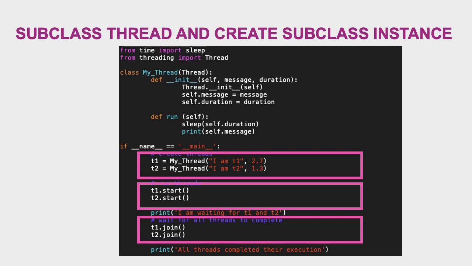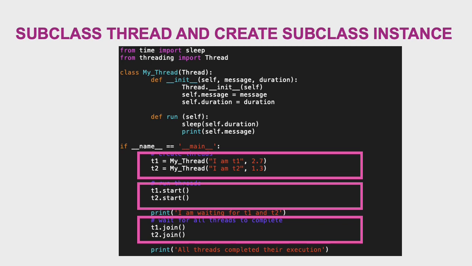Basically, the main thread reaches T1.join and blocks as long as T1 is executing. When T1 terminates its execution, the so-called main thread can move to T2.join, to the following instruction.